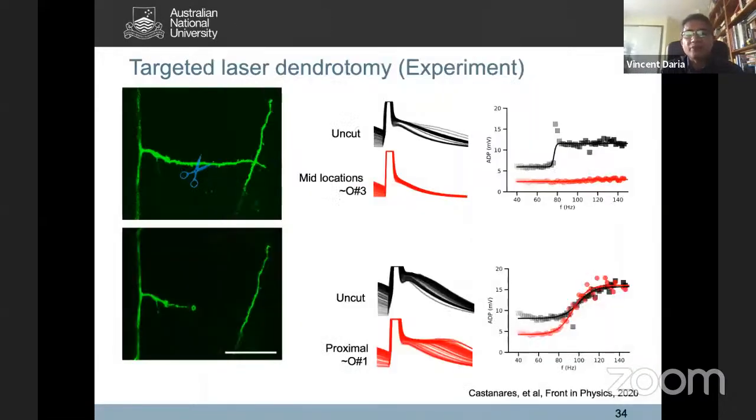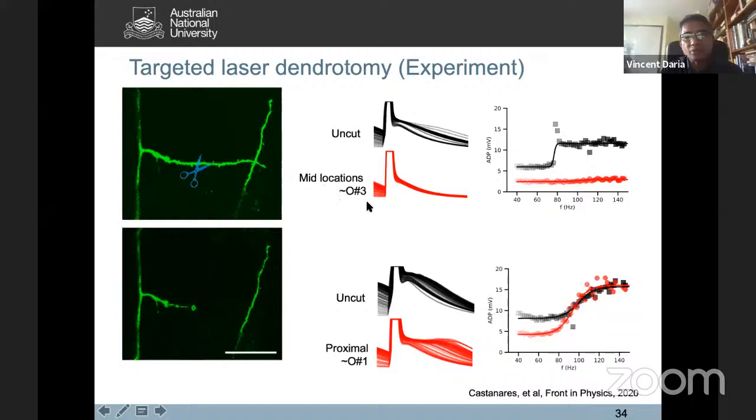Experimentally, we've shown that we cut the dendrites using a laser. So we shine a tightly focused laser, about 1 micron in diameter, and then we can see that there's no more dendrite here. This is an example from the model, and this is an experiment.